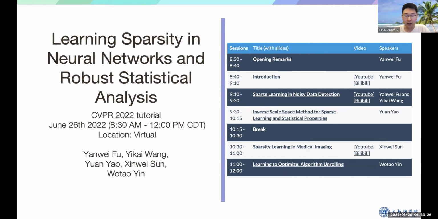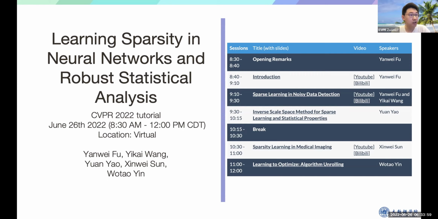I share the screen, and you can see this is the basic schedule of our talk. We spend 10 minutes to give a brief overview of the talk, which is right now. First, I will give an introduction overview of our tutorial. Then Yikai, who is my PhD student, will spend 20 minutes talking about sparse learning in noisy data detection.